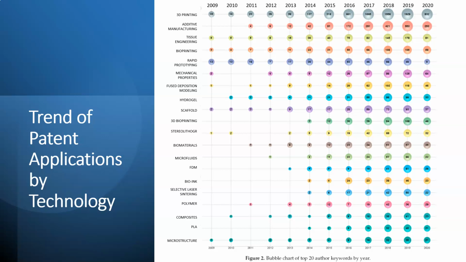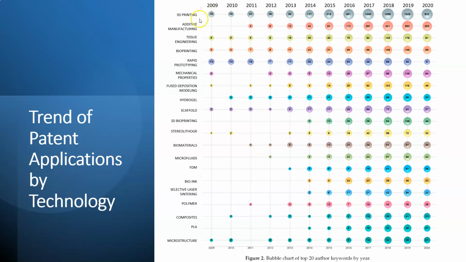That's very important to understand why some of these technologies that have been around for a while, fused deposition modeling, stereolithography, FDM, which is basically the abbreviation for fused deposition modeling, why they're showing up kind of late on the scene, it seems like. All right, but we'll talk about that.